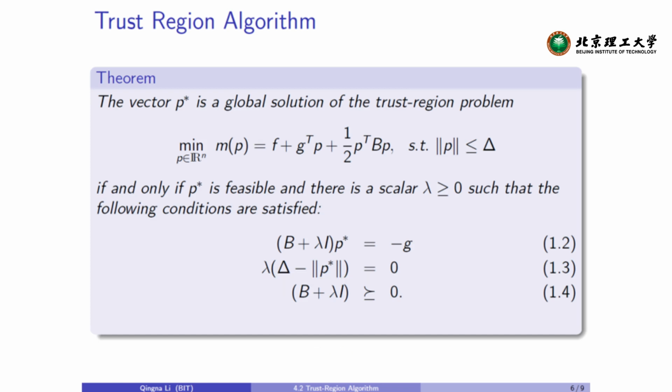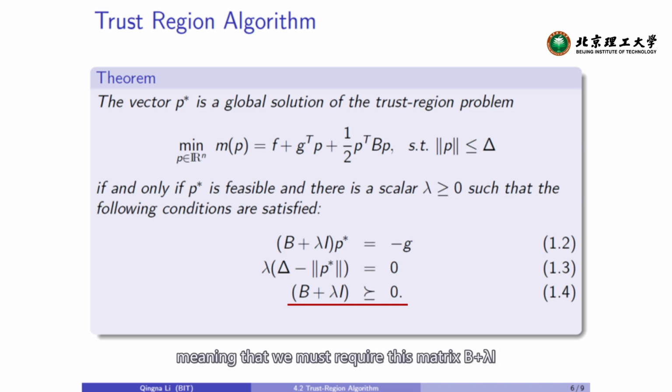And finally, this is a positive semi-definite constraint, meaning that we must require this matrix B plus lambda I to be positive semi-definite. So with these three conditions, we can guarantee that p star is a global optimal solution.